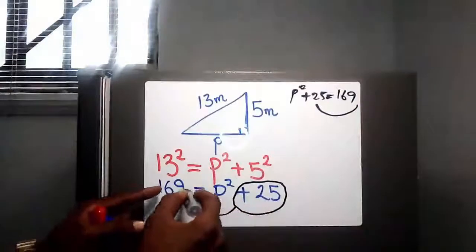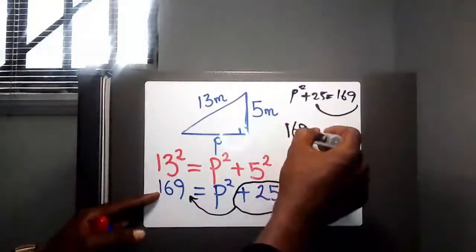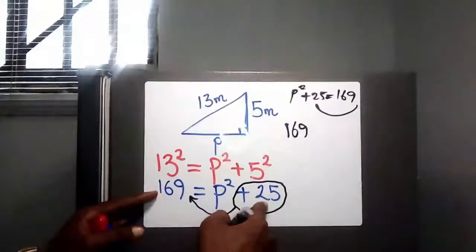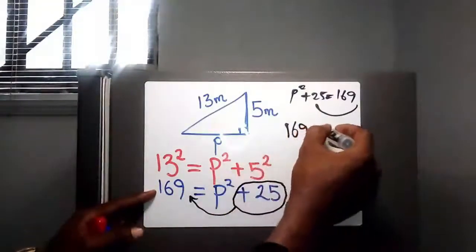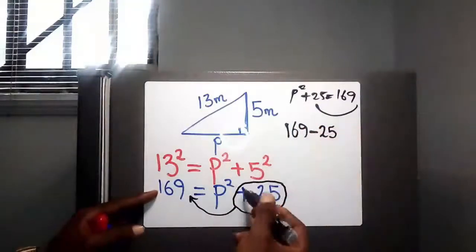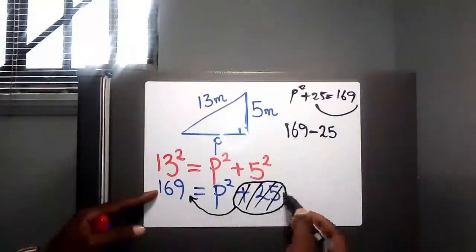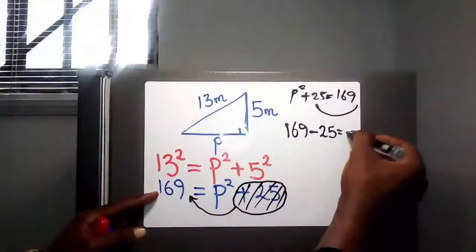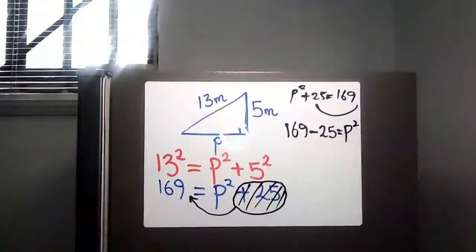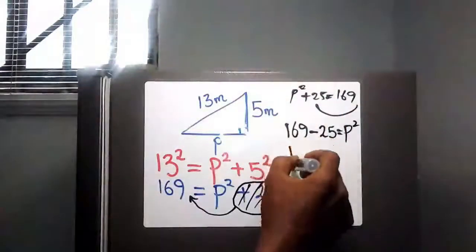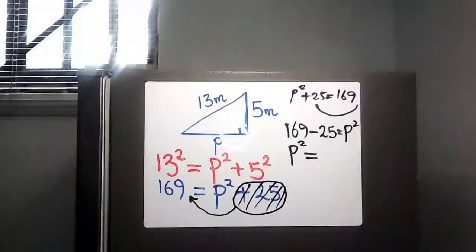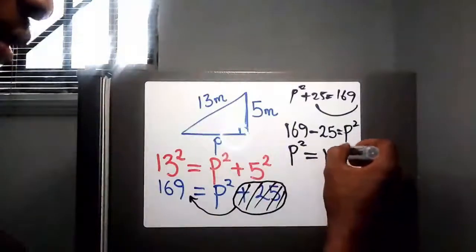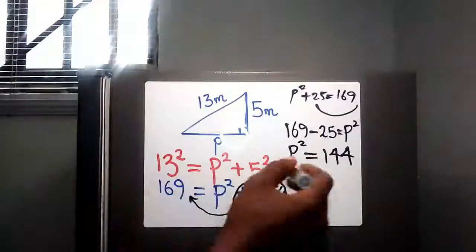Coming back here, 169 is waiting for his family member. When plus 25 travels to the side, it becomes minus 25. And when this one leaves, we're left with p squared. So p squared equals 169 minus 25, which is 144.